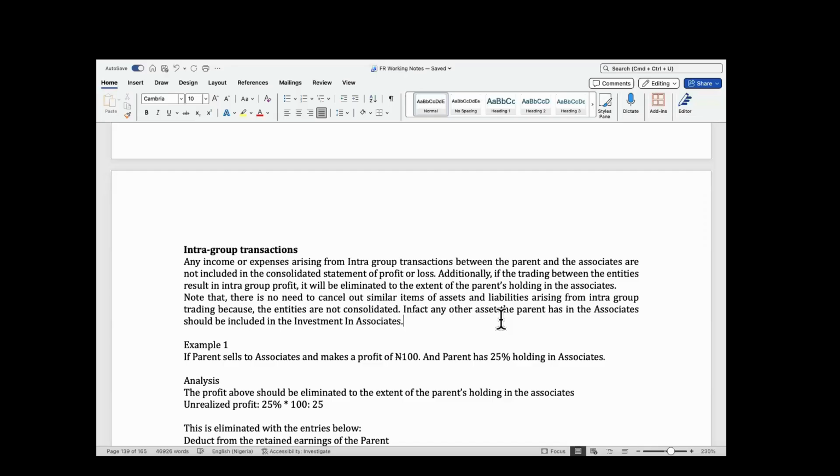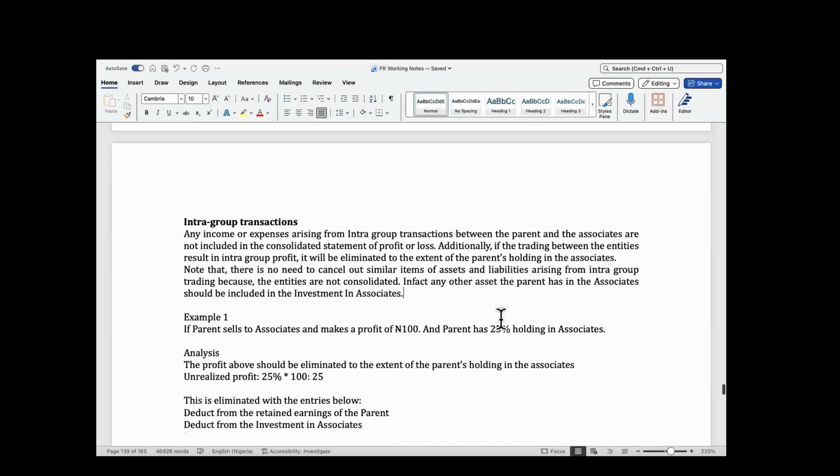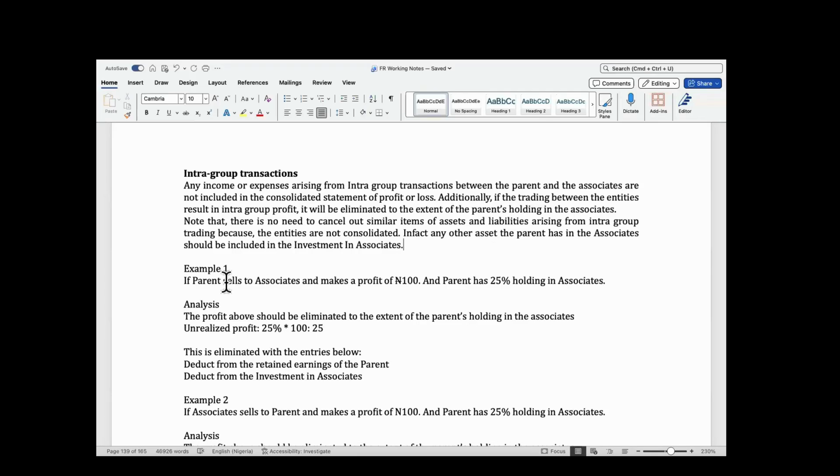So let's use questions to clarify this. So what I'm saying is this. If a parent sells goods to associates and makes a profit of 100 naira, and the parent has 25% holding in the associates, you know that the profit here that the parent made from selling to the associate is 100 naira.